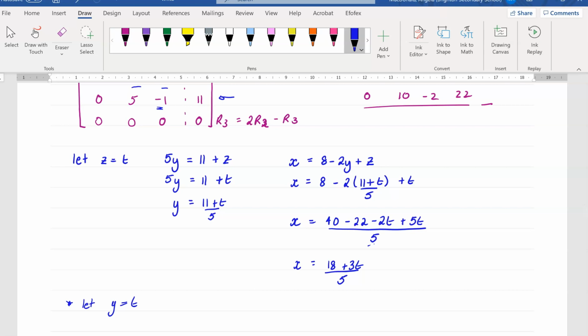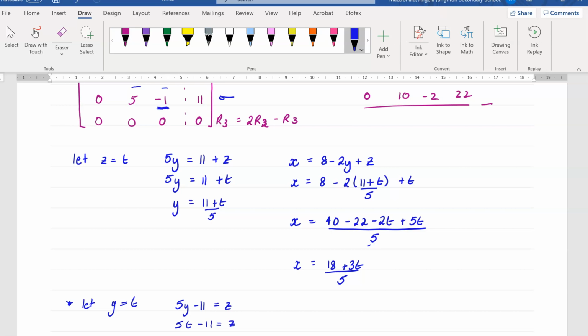If you put z on the other side, 5y take 11 equals z, you will see that your answer for z hasn't got the fractions in it. You're avoiding the fractions. So we end up with 5t take 11 equals z, and then you can pop that in and find your value for x. It's quite nice when you've got a coefficient of 1 or minus 1 for z, then you let y be t.